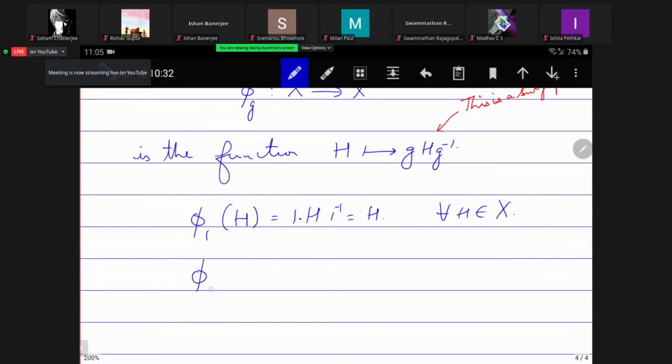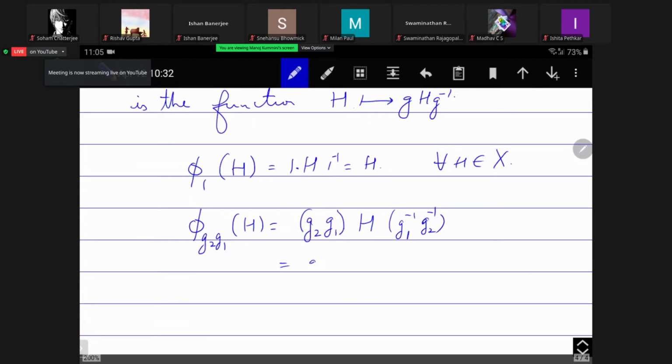And phi of G2 G1 of H is G2 G1 times H times G1 inverse G2 inverse, that's the inverse of G2 G1.